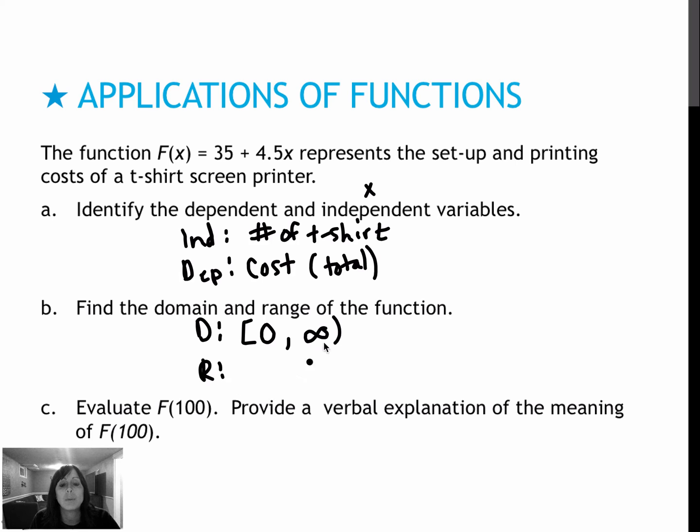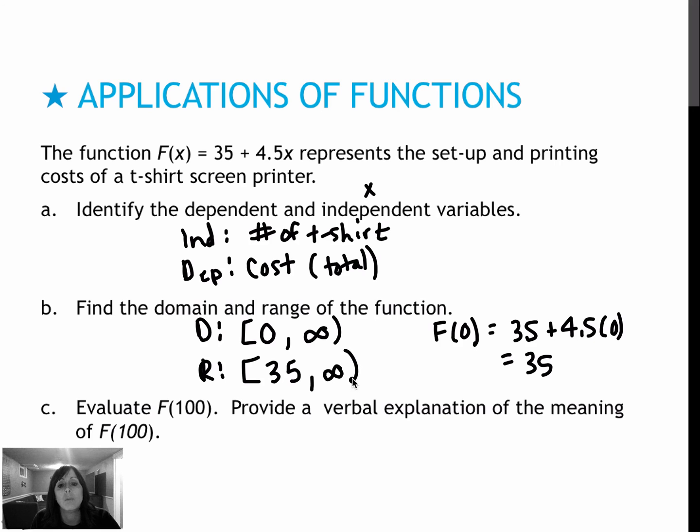The range would be based on the domain that I gave you. And so the range would be me finding what f of 0 is, which is 35 plus 4.5 times 0, which is just 35, meaning my very lowest cost would be $35 up to whatever, depending on how many t-shirts I end up producing.